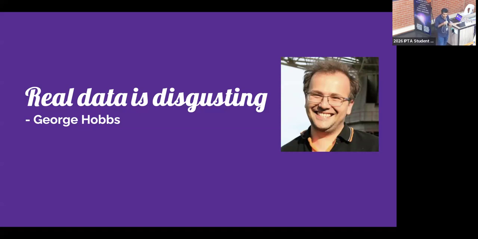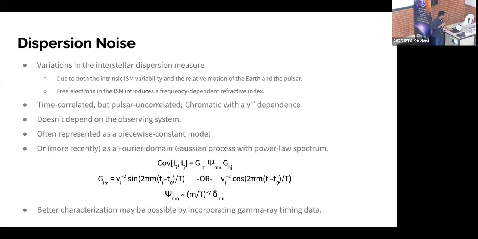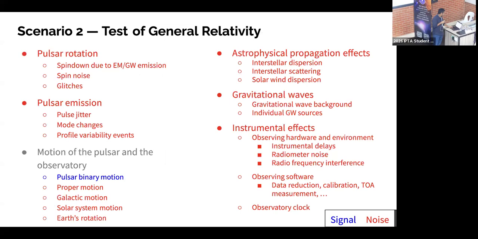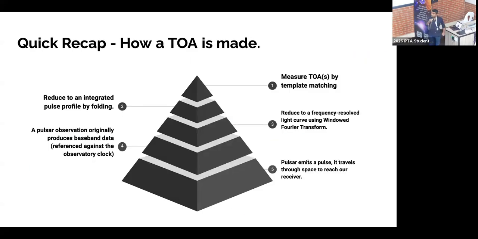I also want to mention that as we go up the pyramid, the size of that pyramid decreases, right? So that represents the amount of information you have. You have all the information when you have baseband data, so some of these signatures that are only present in baseband you can correct.